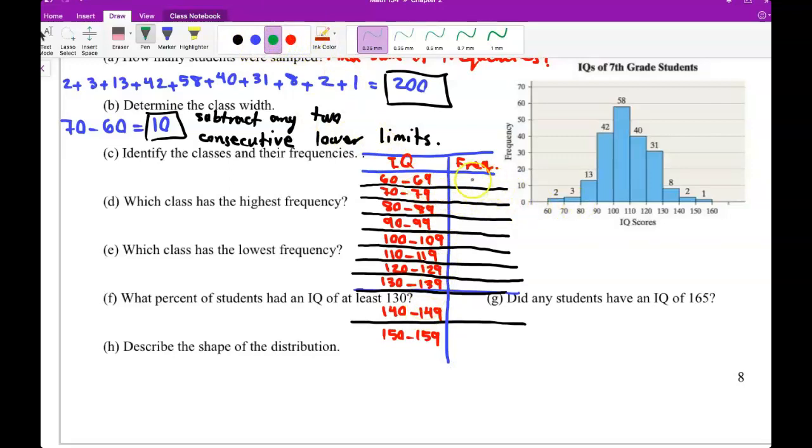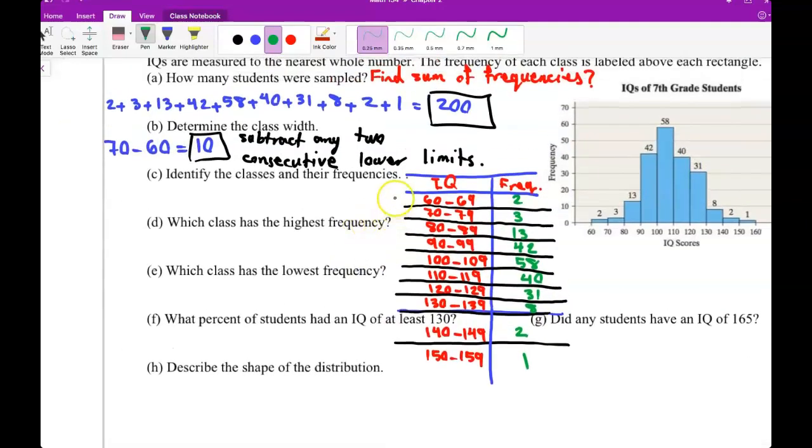And the frequency for each one here is 2, 3, 13, 42, 58, 40, 31, 8, 2, 1. So this is what we got for part C.